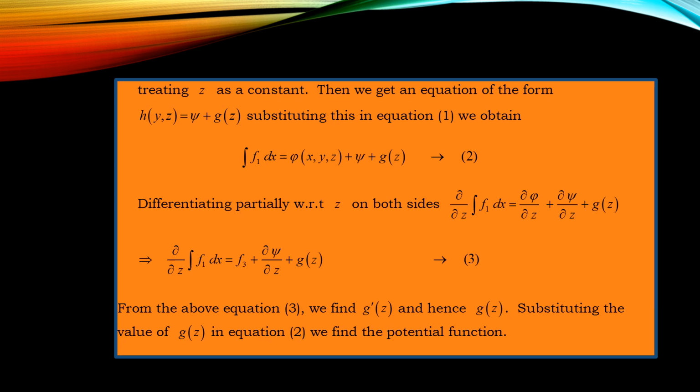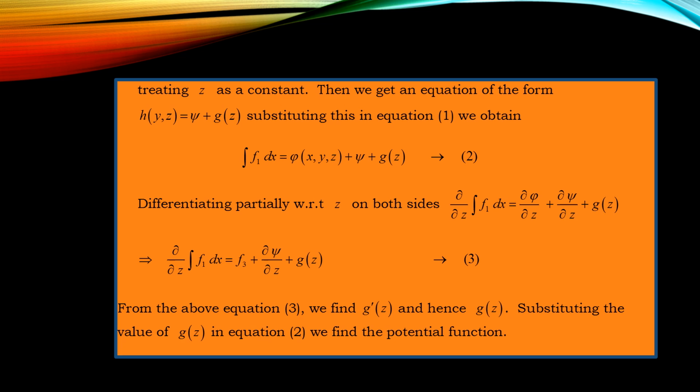In this particular equation, g(z) represents a constant in terms of z. Now we substitute the value of this h(y, z) in the equation 1. Then we obtain integral f1 dx equals φ(x, y, z) plus ψ plus g(z).